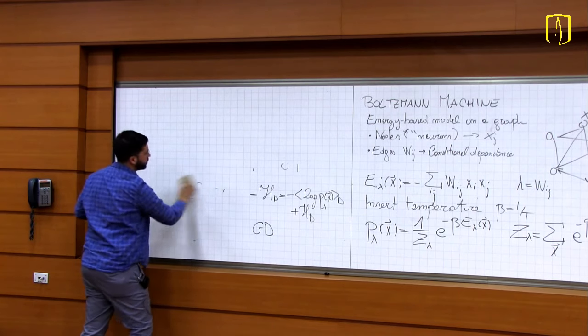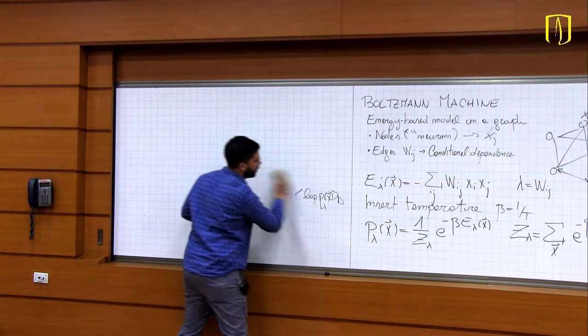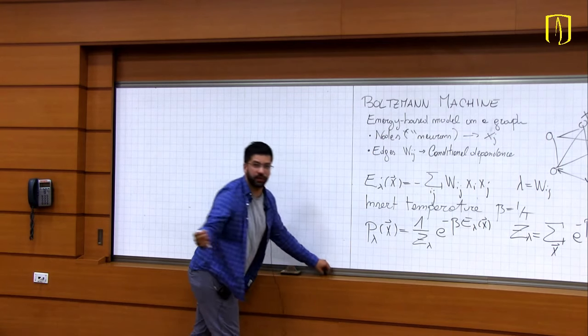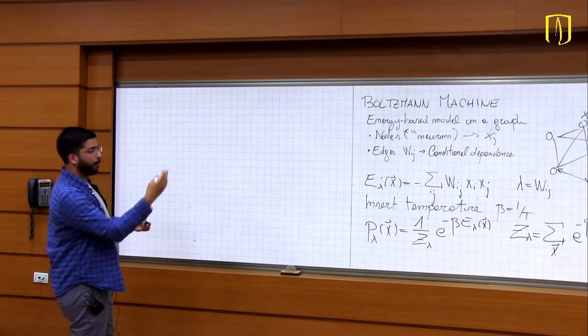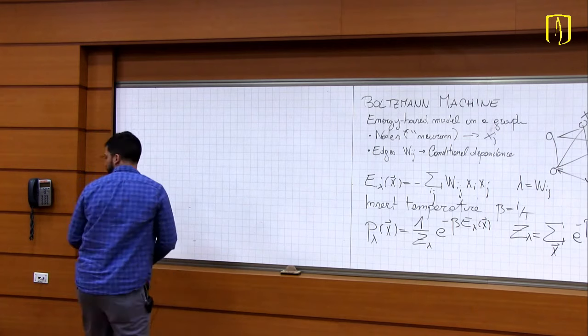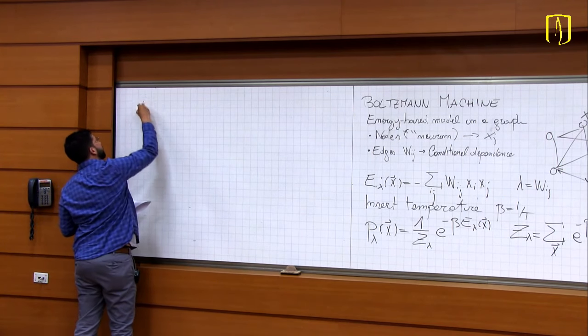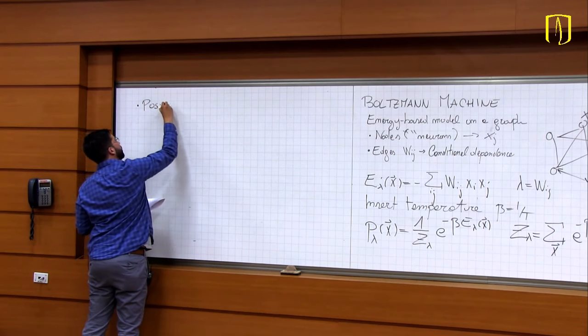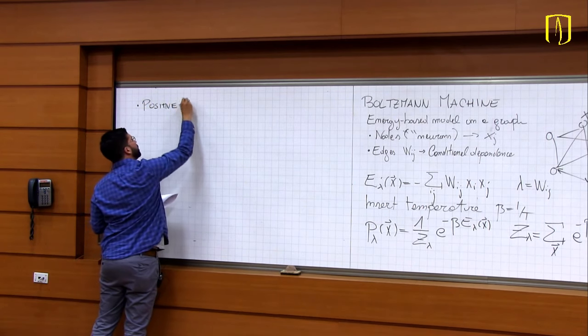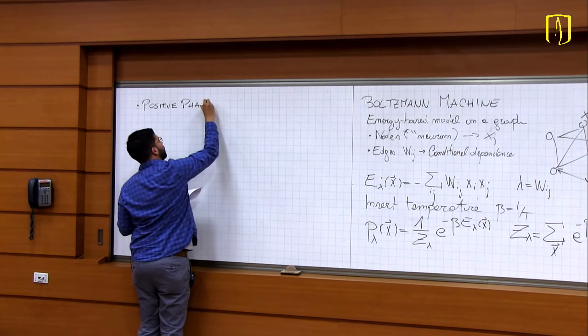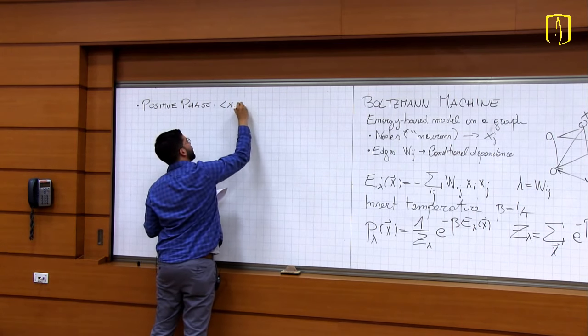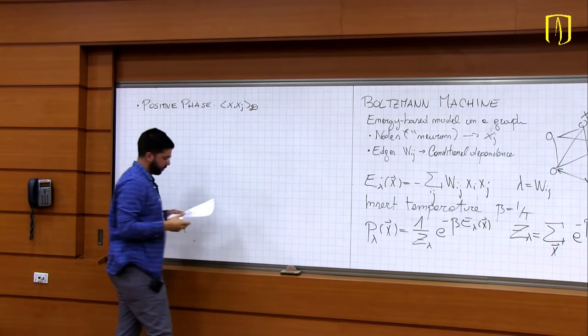You just do that sum on the data points that you have, and it's the size of the data set, which is not exponential, but the other is not. Okay. And so what are they? Let's see what it means. Positive phase. That's the xi, xj over the data.